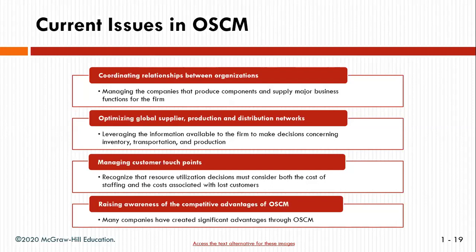And raising awareness of the competitive advantage of operation and supply chain management. Many companies have created significant advantage through operation and supply chain management, like Amazon, one of the top big companies. There are so many of them that don't produce. They really are the middle for the operation and supply chain. They're part of it.